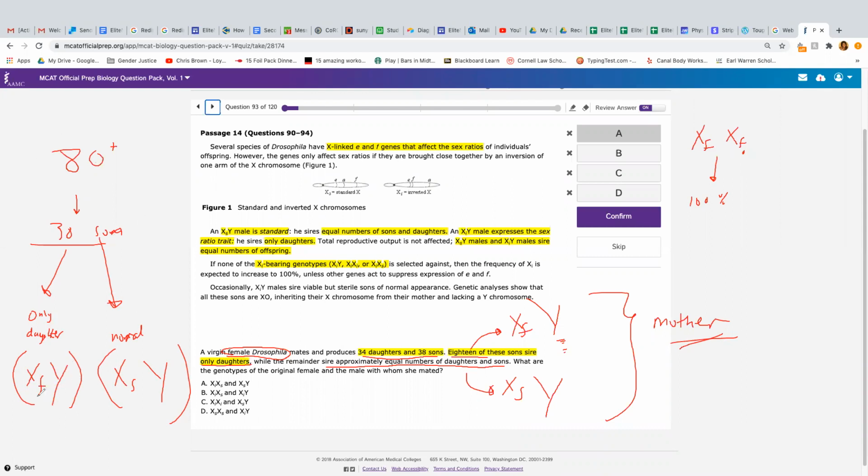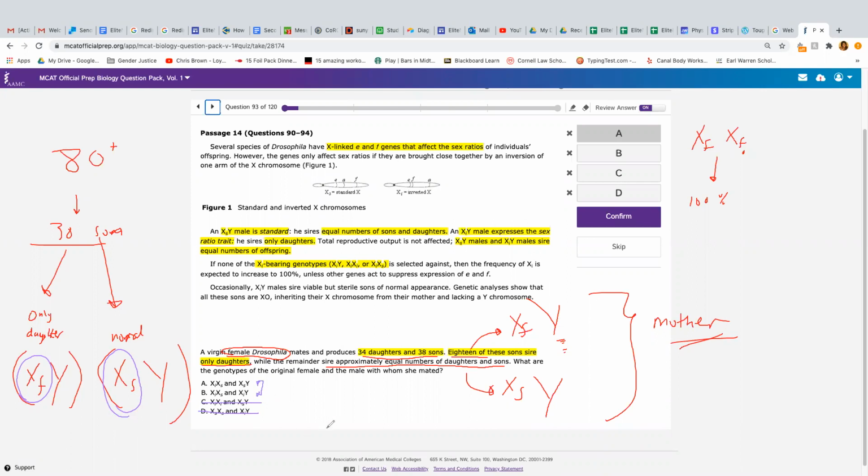And so since they came from the same mother, that means we've just figured out that the mom is heterozygous. So we come to the answer choices and we say, okay, we can eliminate C and we can eliminate D. Now we're left with these two.